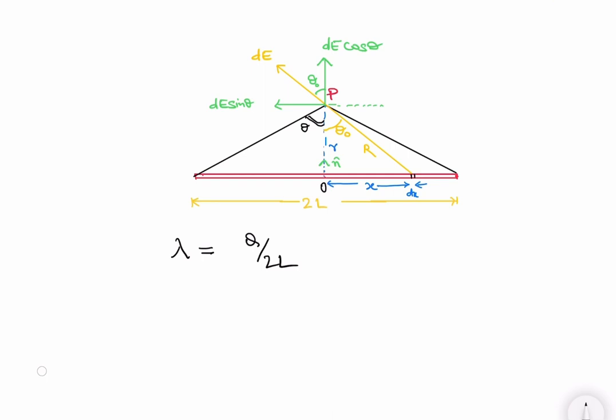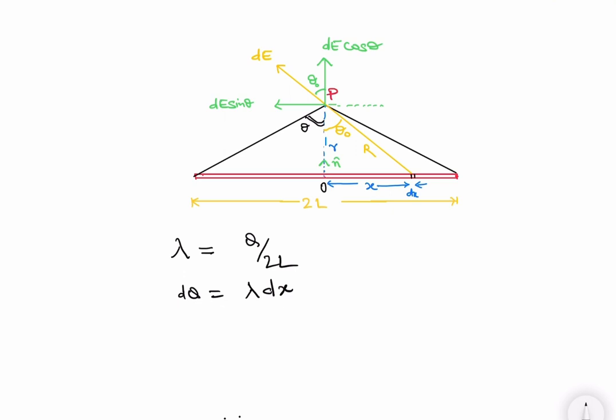Now suppose that a small charge element of thickness dx is at a distance x from the point O, and then the charge on this element, dq, will be equal to lambda into dx.